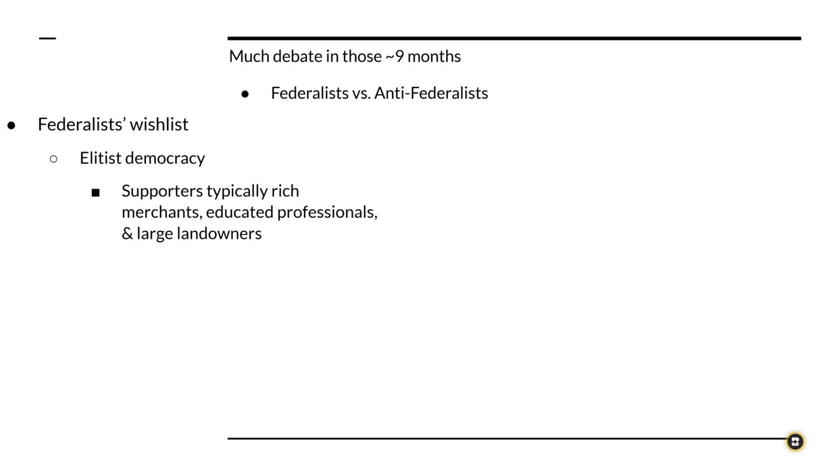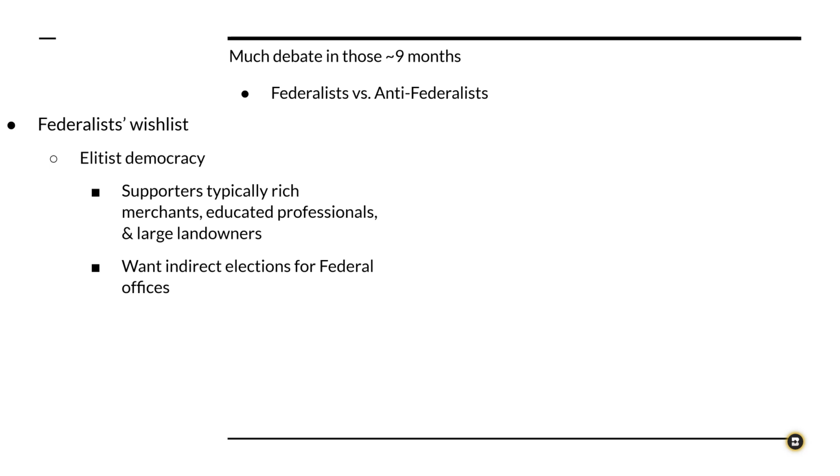And also people who owned lots of land. And as proponents of elitist democracy, they wanted as much as possible to separate the masses from control of the government.